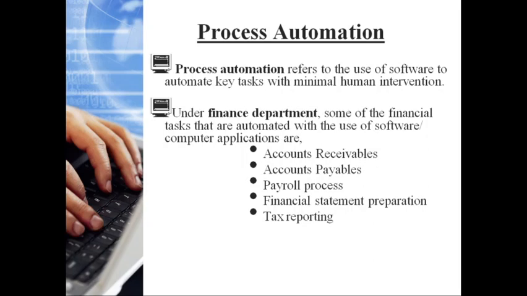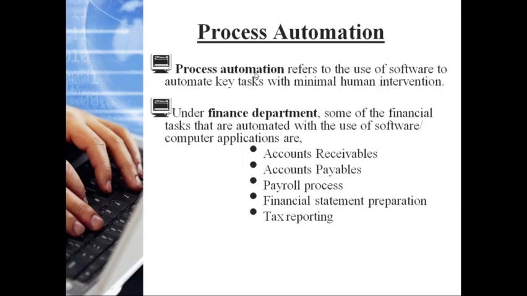That is process automation. The first point, it uses software. Second, it does the key task automatically. And third, it involves minimum or no human intervention. Such processes are called process automation.